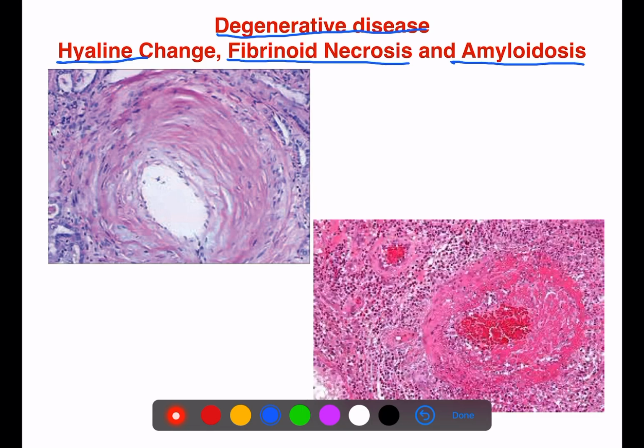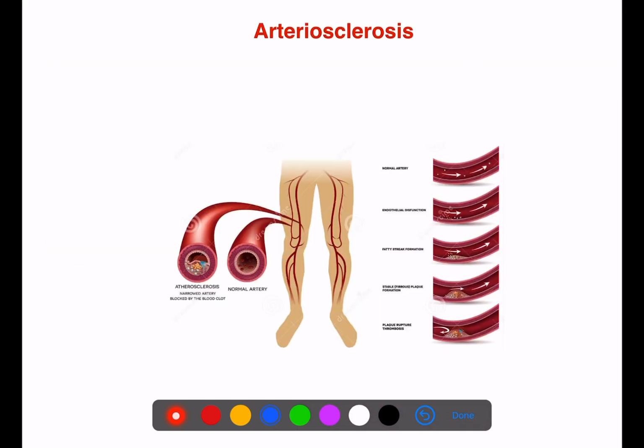All these degenerative processes, hyaline change, fibrinoid necrosis, and amyloidosis, may cause hardening of the wall, stenosis or occlusion of the lumen, and lead to infarction of the organ that connects to this blood vessel.